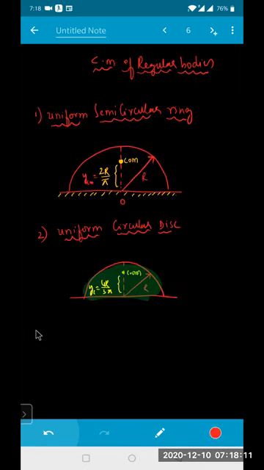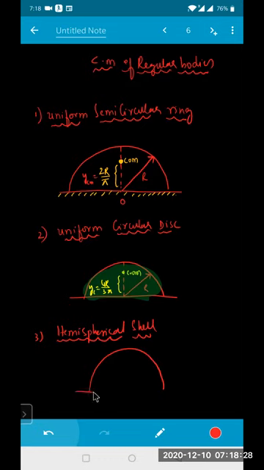And the third one is the hemispherical shell. For the hemispherical shell, the center of mass will be in the same condition as now. This is your hemispherical shell, and this is your y-axis.